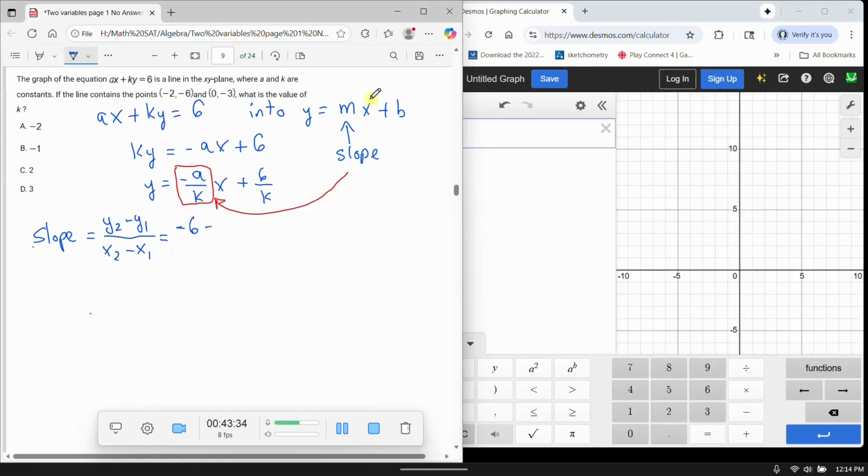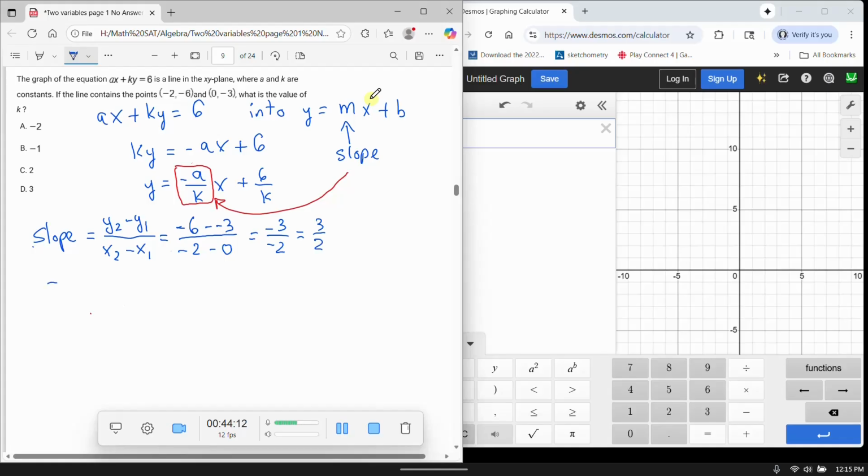Now make sure you keep the minus sign in between y2 and y1, and also on the bottom between x2 and x1. And keep the numbers, you plug the numbers in. A lot of people make mistakes when they see a minus and then somehow that minus sign disappears. So negative and a minus in front of the 3 turning into a positive 3, so it'll be negative 3 over negative 2. That's equal to 3 over 2.